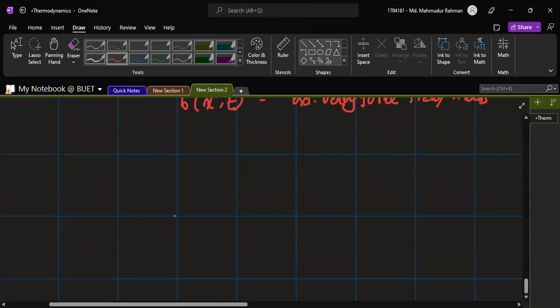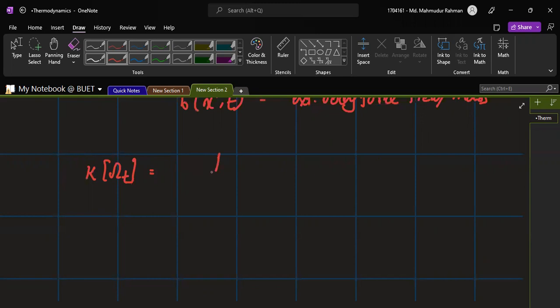First, define the kinetic energy of this open subset, omega T. Our good old kinetic energy expression is half times mass times velocity squared, but that is for a particle. That is also true for a continuum body, but you have to modify it a bit. Here, the mass per unit volume is rho.